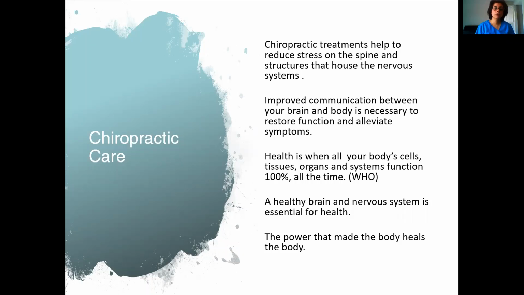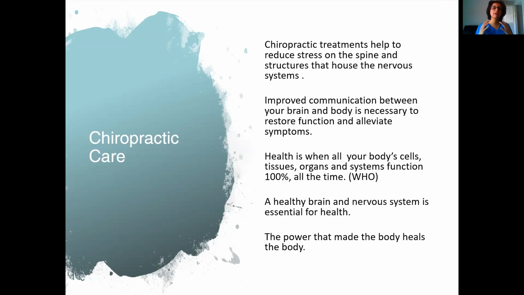So the World Health Organization has a definition for health, and this is when all of your body's cells, tissues, organs, and systems are functioning 100% all of the time. And so we need a healthy brain and nervous system in order to have that function. It's the power that made the body that heals the body, and we want to give our body the best communication strategies we have.